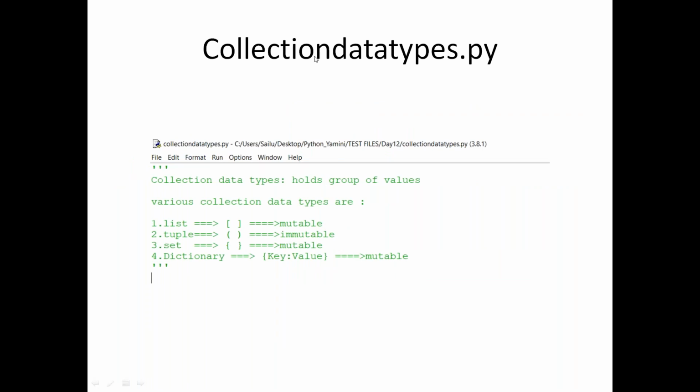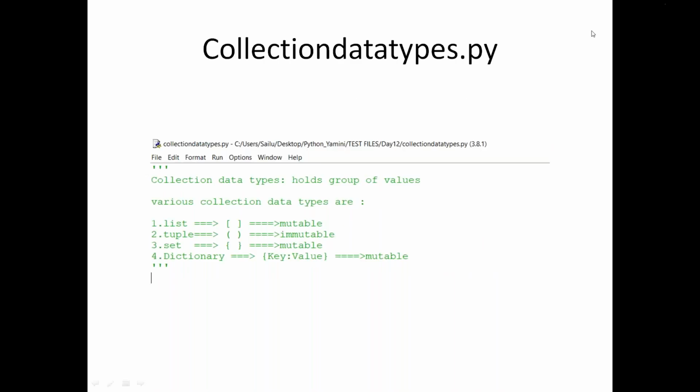So when you come to the concept of collection data types, you can see that this is the heading and this is the file in your folder. If you go to the date 12 folder, you can see the file named collection data types.py, and you'll find this content there. Collection data types are a whole group of values. It can be a single value or multiple values, homogeneous or heterogeneous. It doesn't mean that when you are holding values, every value should be of a similar data type.